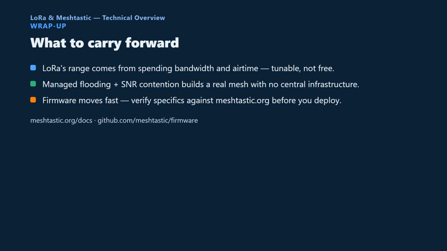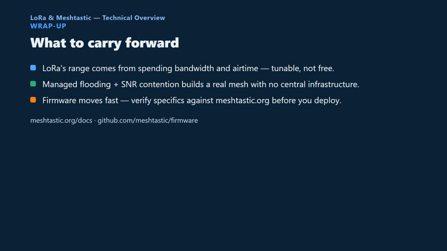To close. LoRa gives you long range and good sensitivity by spending bandwidth and time on air, tunable through spreading factor, bandwidth, and coding rate. Meshtastic's managed flooding, backed by SNR-based contention, gets a real mesh out of that physical layer without central infrastructure, and firmware 2.6 and 2.7 changed real things: next hop routing for direct messages, and the repeater roles deprecation that most existing material has not caught up with yet.